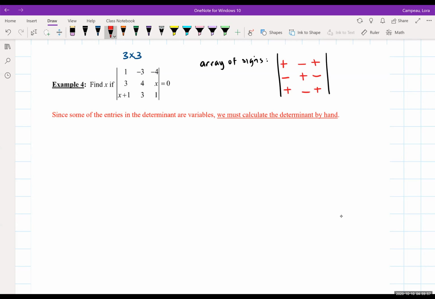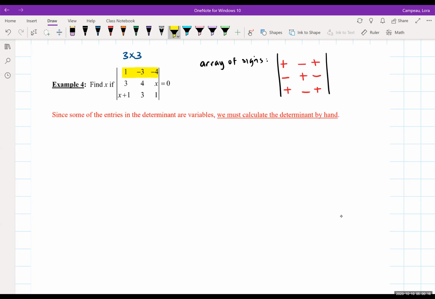So from here, I'm going to choose a row or column in this particular original matrix to expand out by. And I don't see any rows or columns that have zeros, so I'm just going to go with the first row.